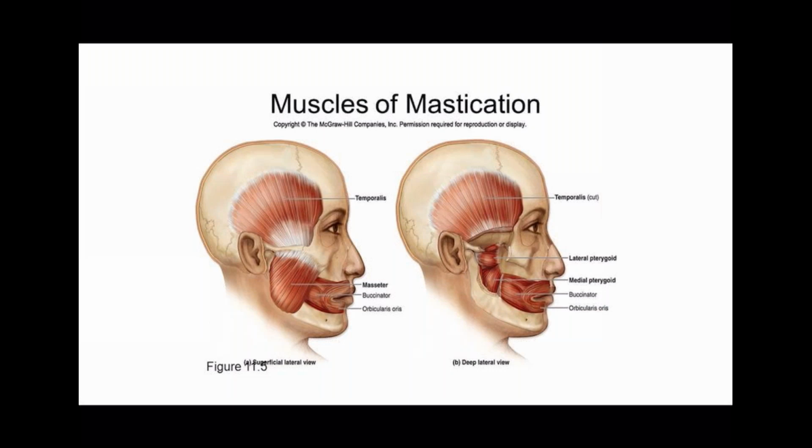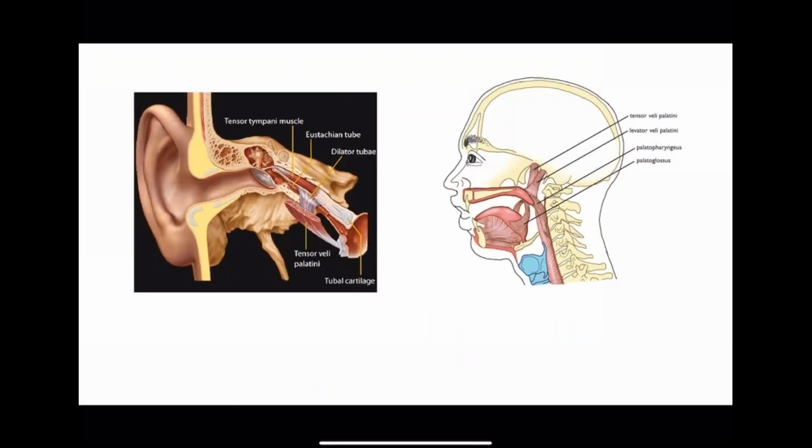So the temporalis muscle, like we said, and both the lateral pterygoids and the masseters. And the small muscle here on the right, the tensor veli palatini, to support the palate. And on the left, it supplies also the small tensor tympani muscle, whose main function is to dampen the sound.